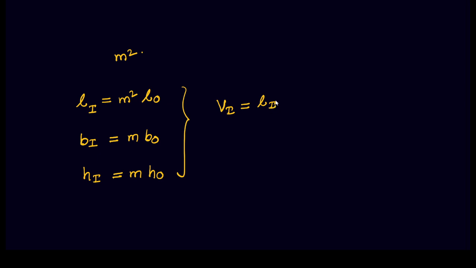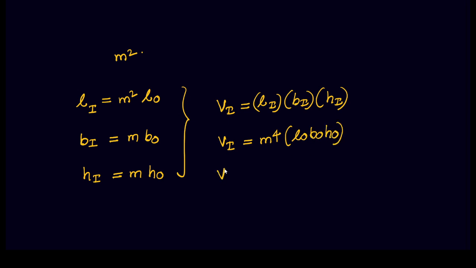L into B into H. If we multiply this, it is m power 4 into L naught into B naught into H naught. This is nothing but the volume of the object only.